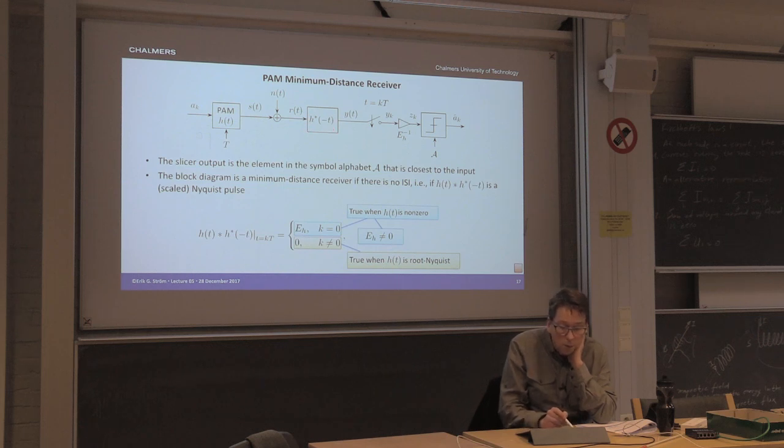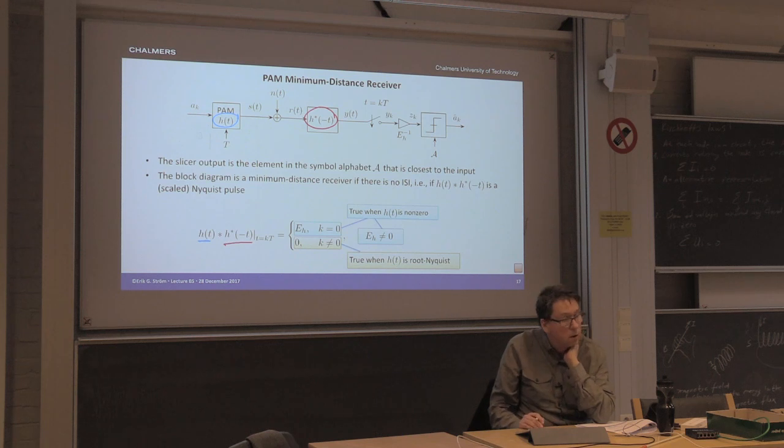So we have no ISI if we take h, which is the pulse we use, and we convolve that with the impulse response of the receiver filter, which is this. So if we convolve them together and we get a Nyquist pulse, we won't have any intersymbol interference.